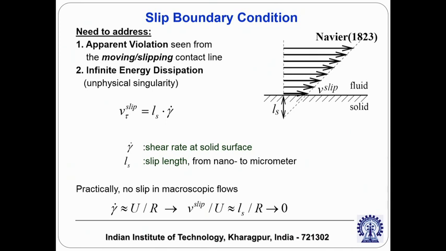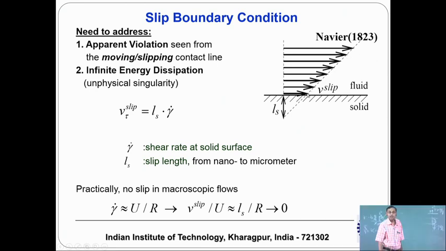So if you look into the velocity profile at the wall, there are some cases when the velocity profile does not show 0 velocity at the wall. So to quantify the velocity at the wall, the tangent to the velocity profile, which is the dotted line here, is extrapolated and it shows 0 not at the wall but at a distance of Ls from the wall. This Ls is called slip length.